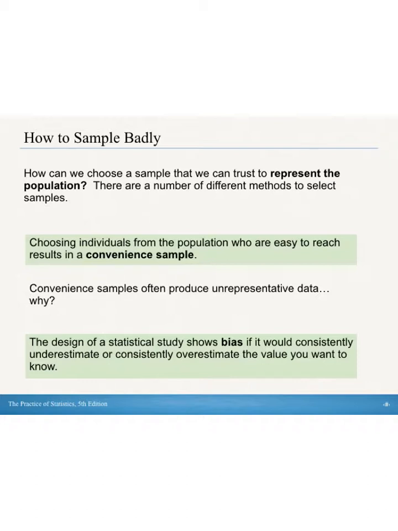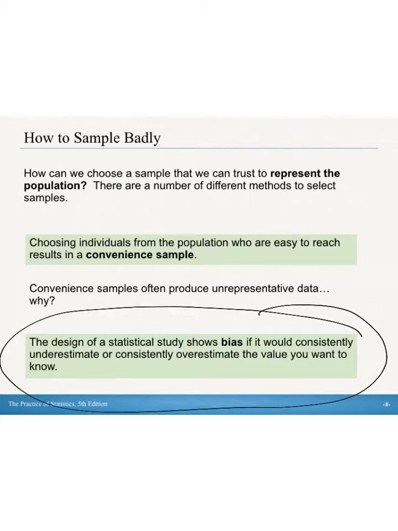And bias is a term that's used in lots of different ways, but in statistics it means bias either by the structure of the sampling or by the wording of questions in a survey that would consistently underestimate or overestimate the value of what we want to know.